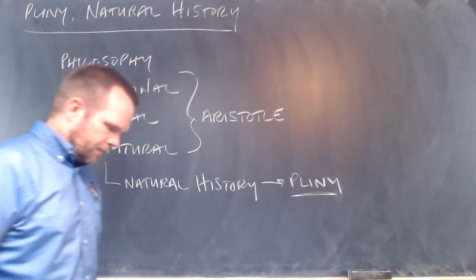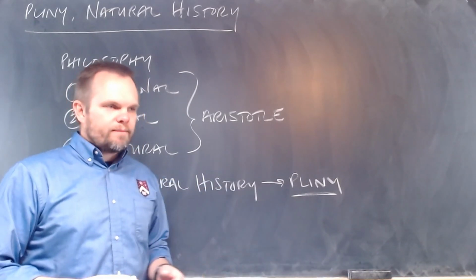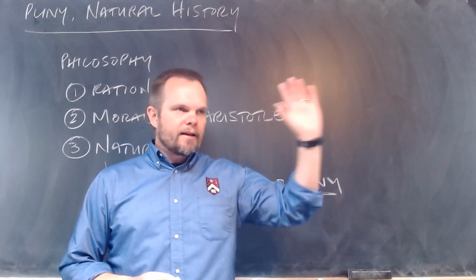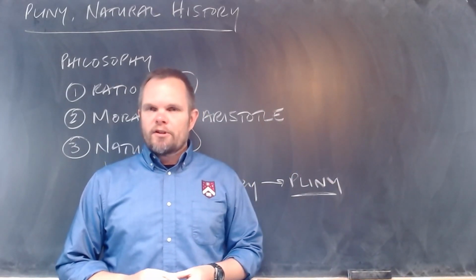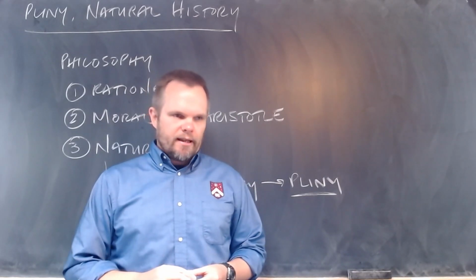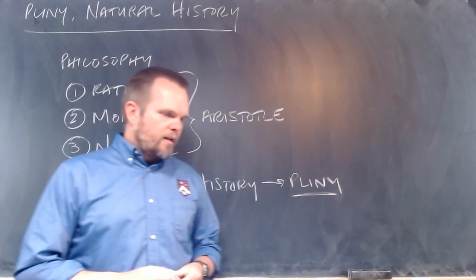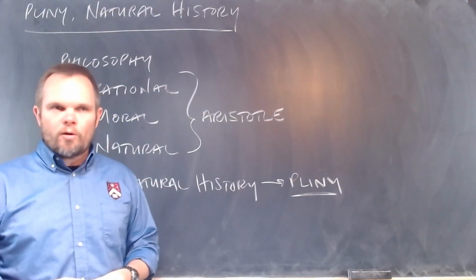Pliny. It's a funny name, but Pliny was a Roman. He lived in the time of the apostles, way back in the 1st century. He lived just after the time of Jesus, when the church was just getting established, when Christians were being persecuted. That's when Pliny lived. Pliny was a very wealthy, famous Roman.